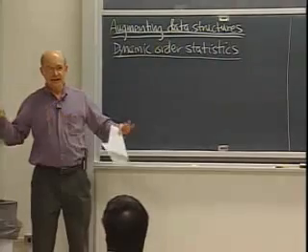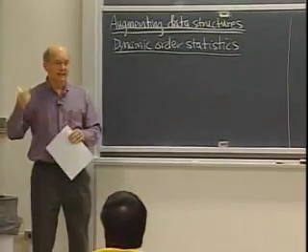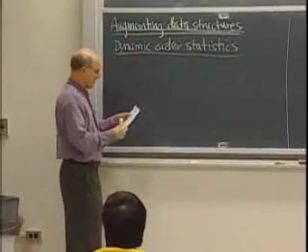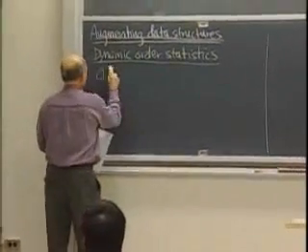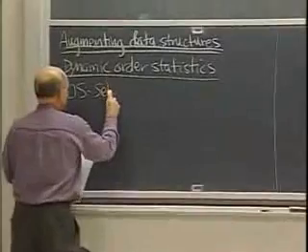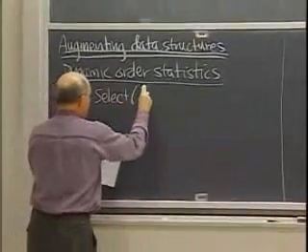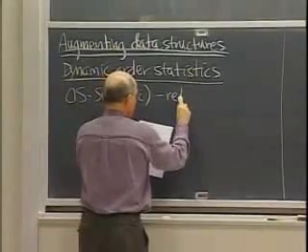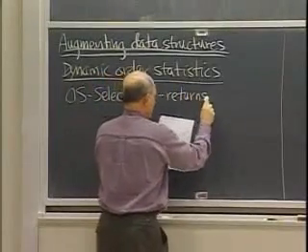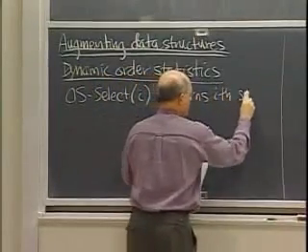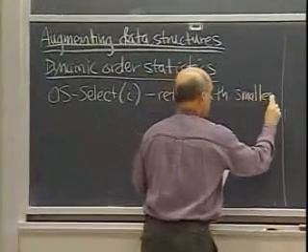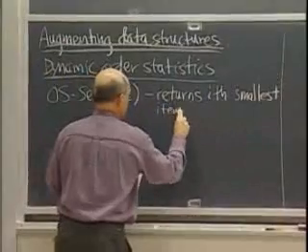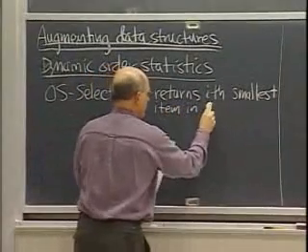Rather than being given all the data up front, we're going to have a set, and then somebody is going to do typically insert and delete, and at some point somebody's going to say, select for me the ith largest, or ith smallest, element in the dynamic set.